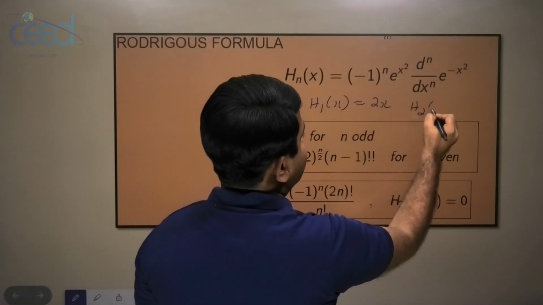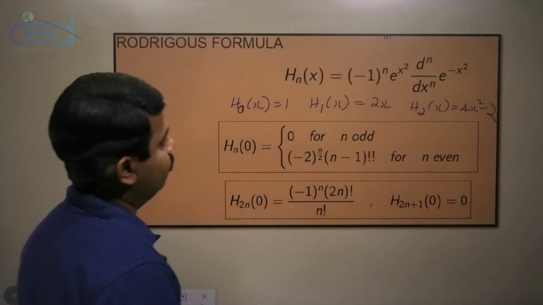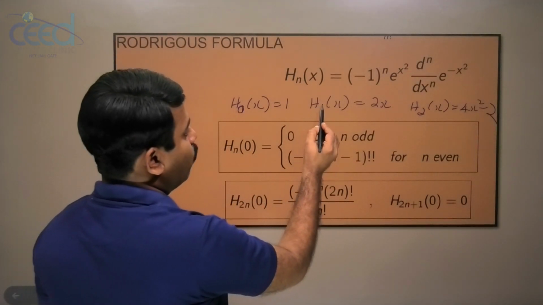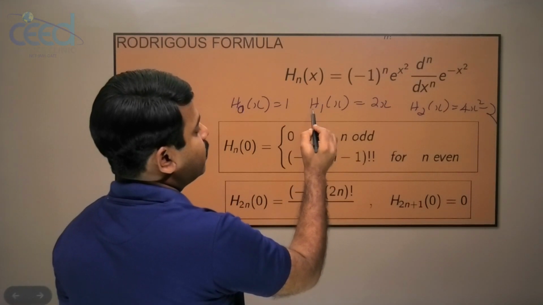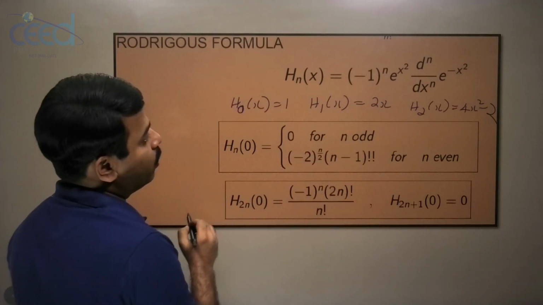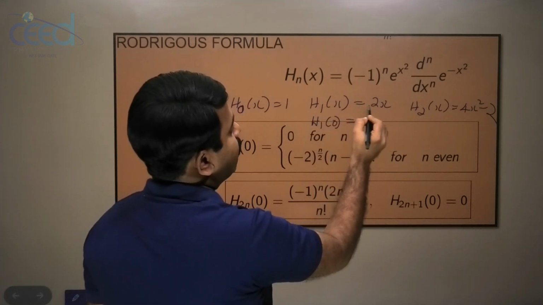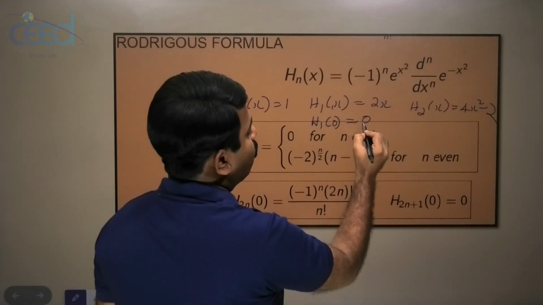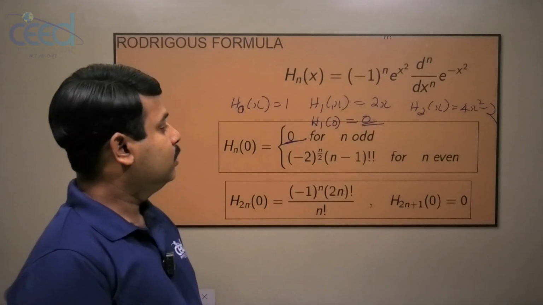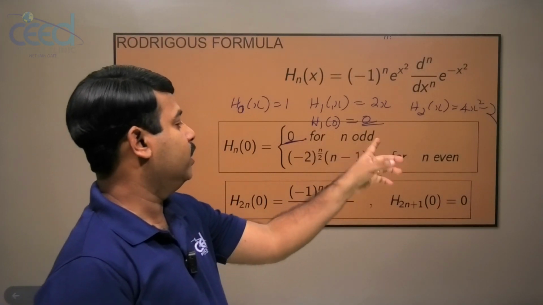Now h2 of x, that is 4x square minus 2. Verify. See, if n is odd, that means here n equal to 1 is odd. Now if n is odd, hn of 0, see here h1 of 0, put x equal to 0, then its value is 0, right. Understood? Then this is a rule: hn of 0 is 0 for n odd.